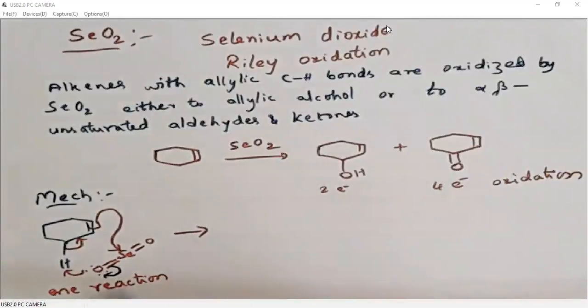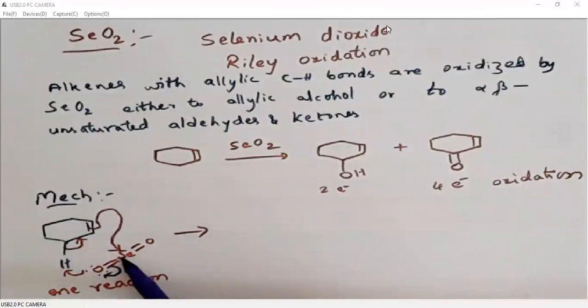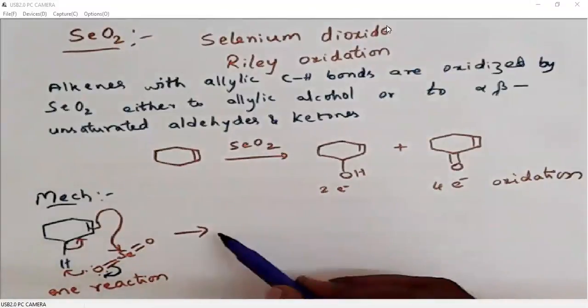Abstraction of the allylic CH proton is called ene reaction, and there will be a bond formation between the alkene carbon and the reagent. In this case, it is selenium dioxide.